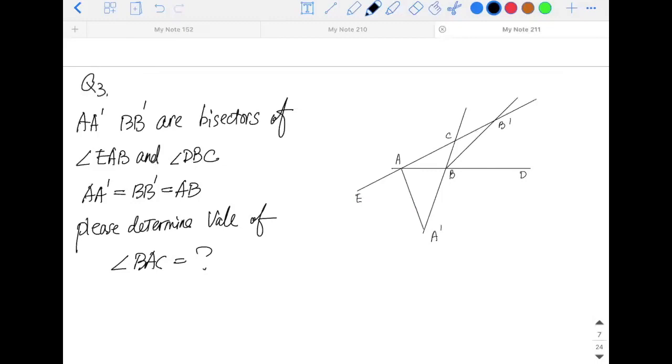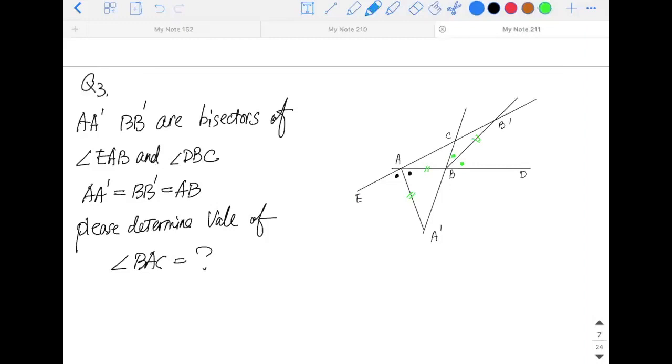Let's check it out. AA prime and BB prime are bisectors. So this angle equals this angle. This angle equals this angle, right? They are bisectors. And the question also gives you AA prime equals BB prime equals AB.